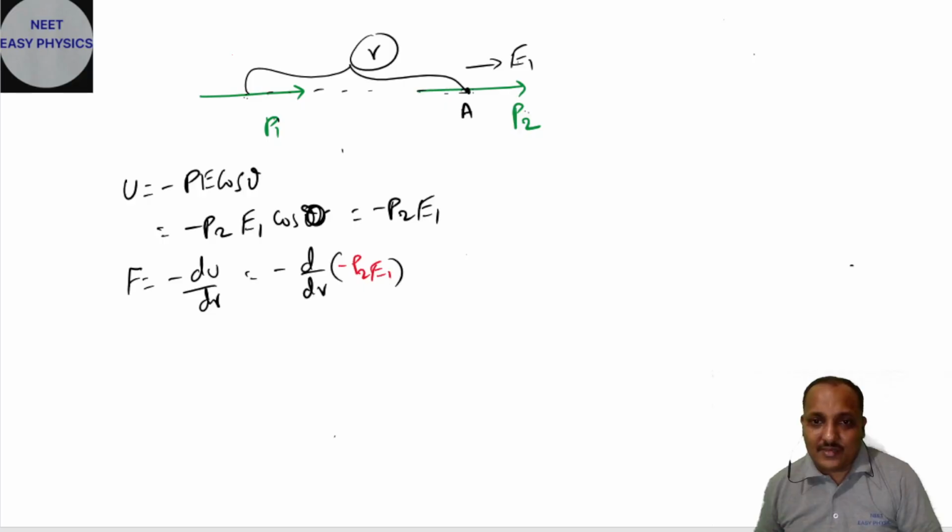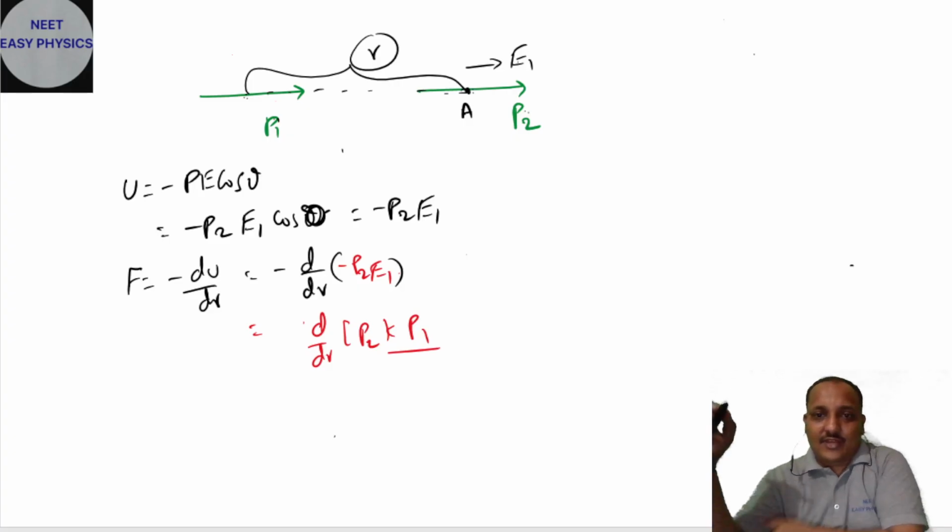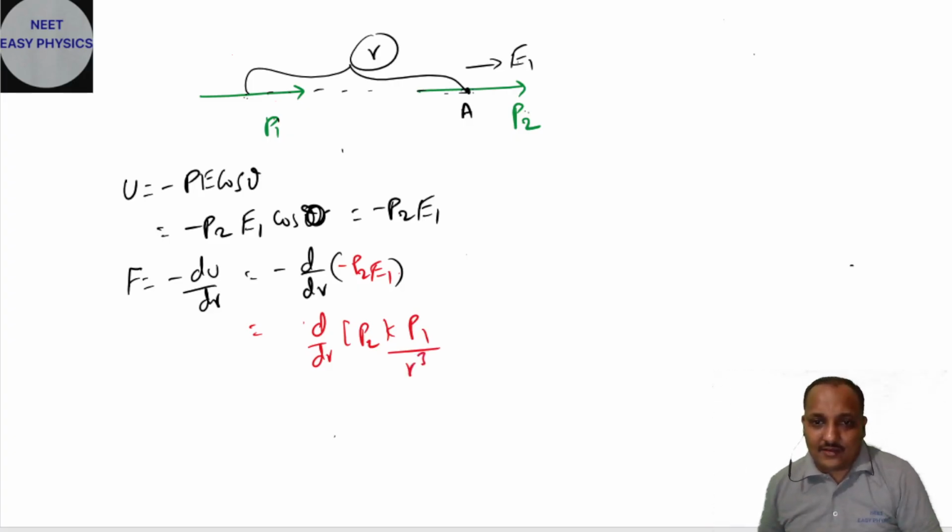Minus P2 E1. Minus into minus is plus, isn't it? So d by dr of P2, what is E1? K P1. E1 is the electric field produced by P1. So 2K P1 by r cube, because this is the axial line.